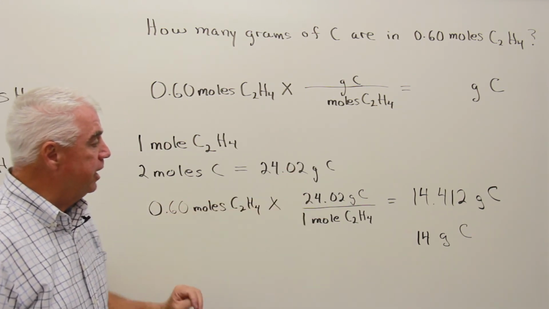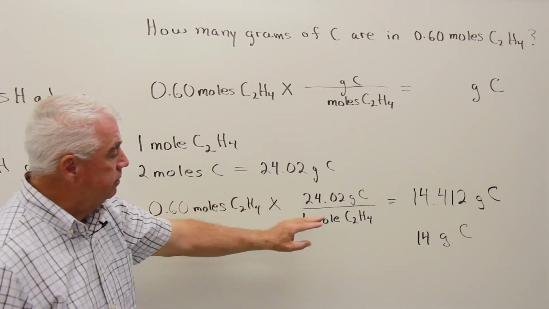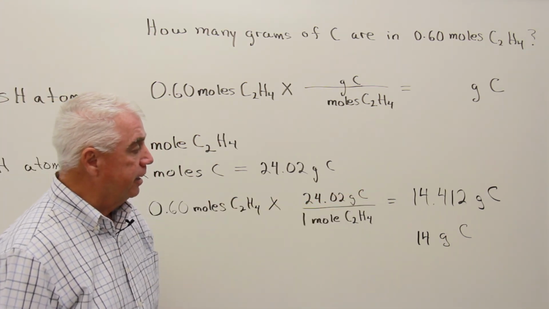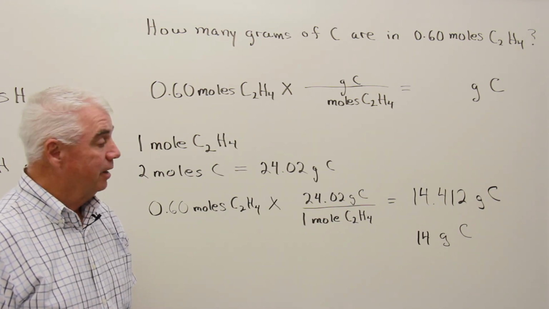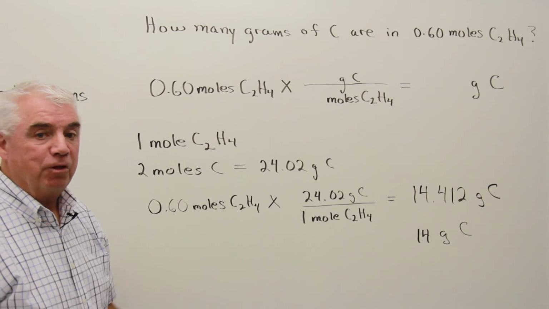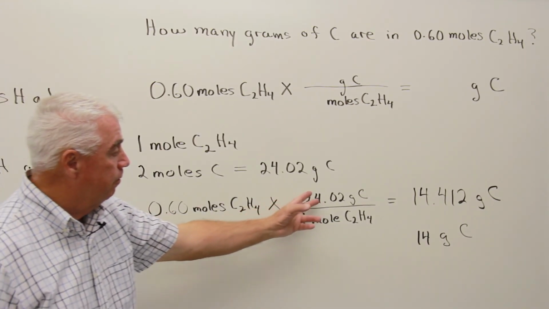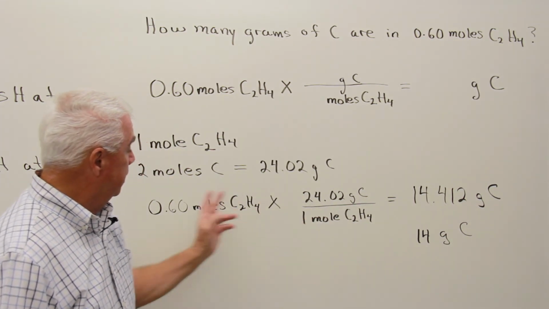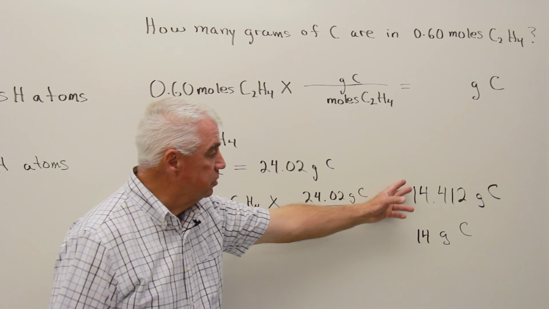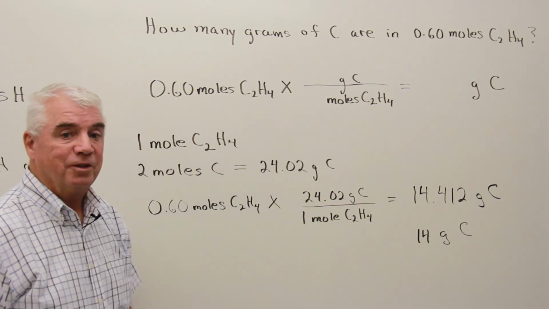Putting those numbers in, our unit's going to come out right. We multiply and divide and get 14.412 grams of carbon. But then we want to make sure that we have the correct number of significant figures. Got 2 here, 4 here, infinite number with this number 1. 2 is the lowest number, so we'd round this to 2 significant figures, 14 grams of carbon.